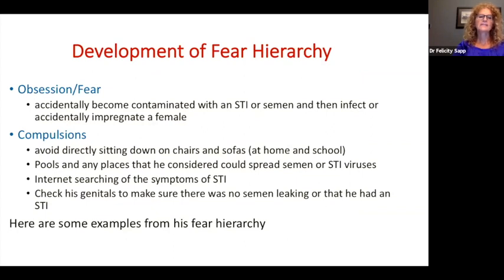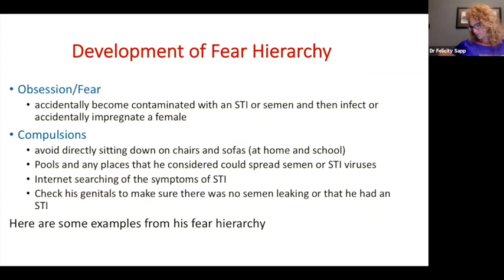This was a 17-year-old boy, and he had a fear that he might accidentally become contaminated with semen or an STI, and that he would either infect other people or accidentally impregnate a female. And so his compulsions were that he would avoid sitting directly down on chairs and sofas, both at home and school.